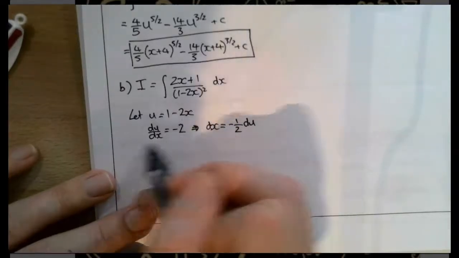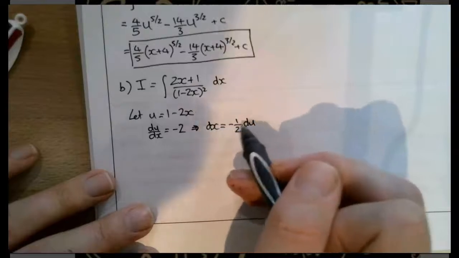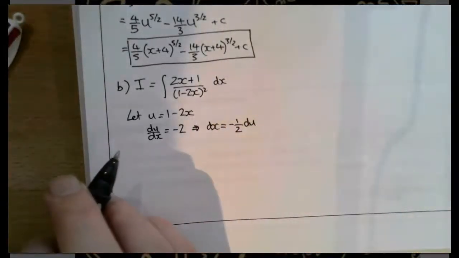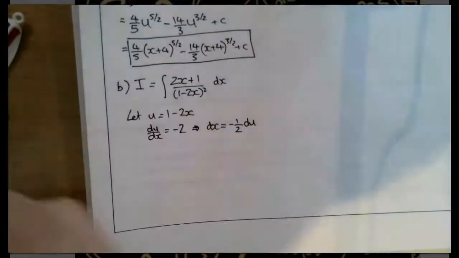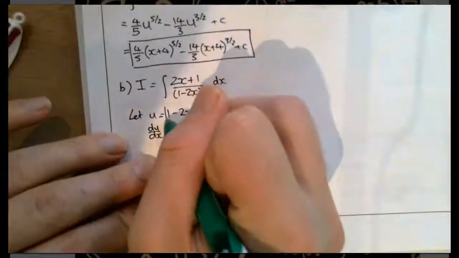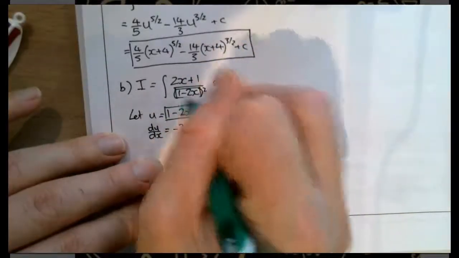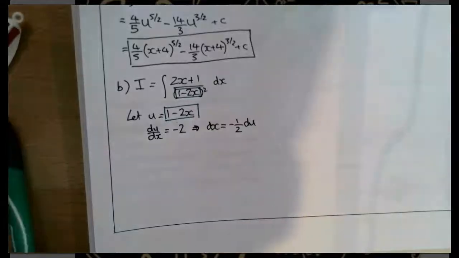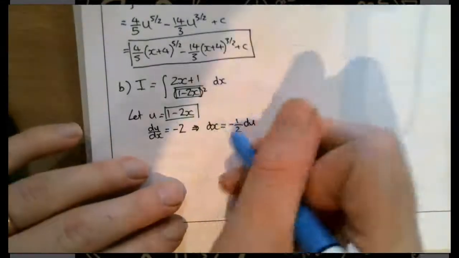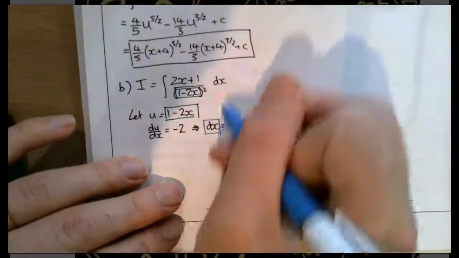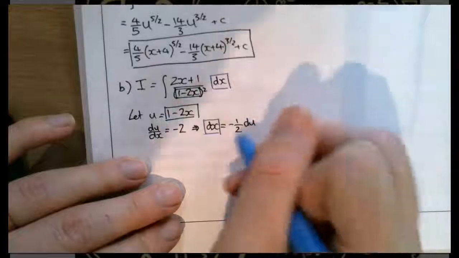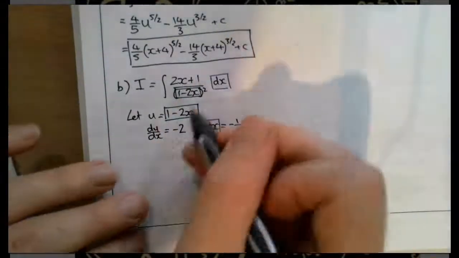Divide by minus 2. Dx equals minus a half du. So, just building this up bit by bit, because I know this is a new technique. I can switch the 1 minus 2x for u. I can switch the dx for terms of u. What's the last bit I need?